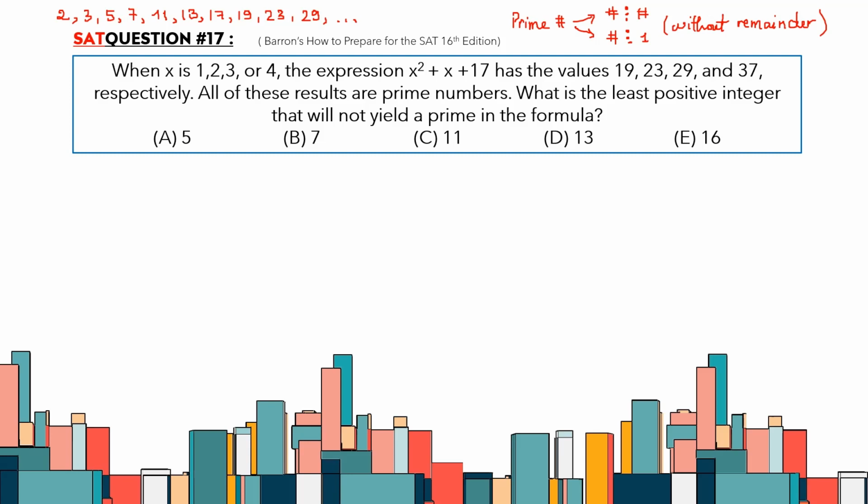So, in these questions, we have to group the first two terms, x squared and x, together to form x times x plus 1, plus 17.